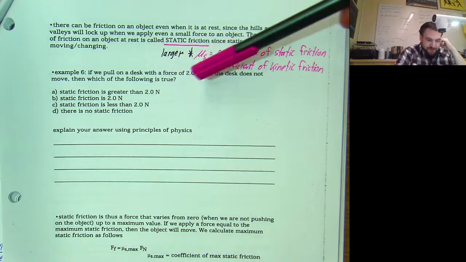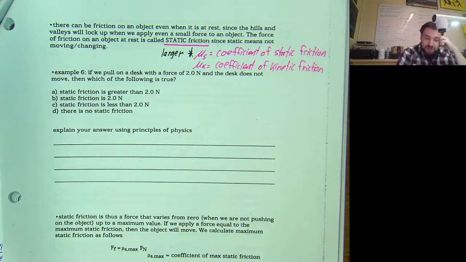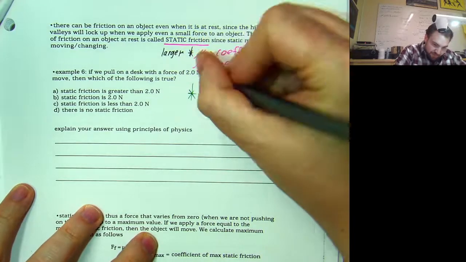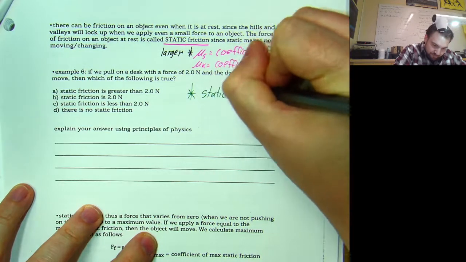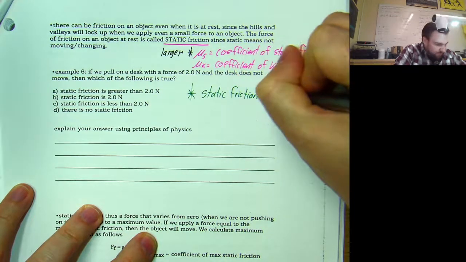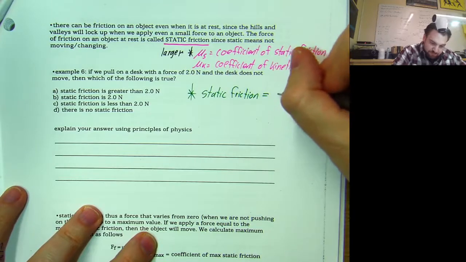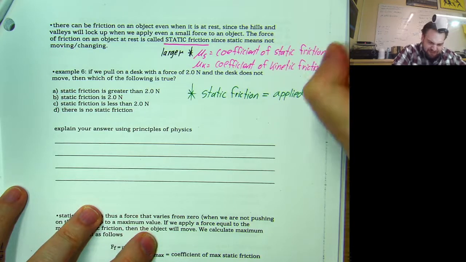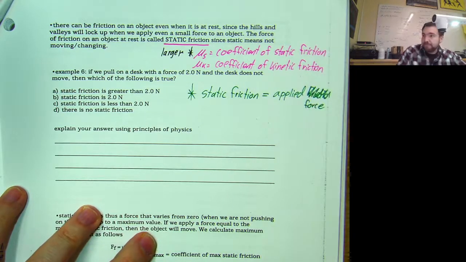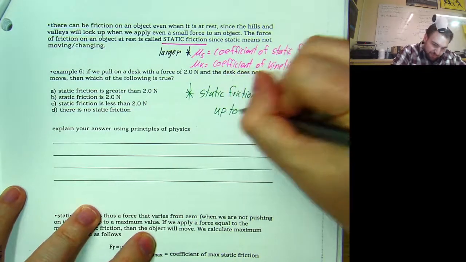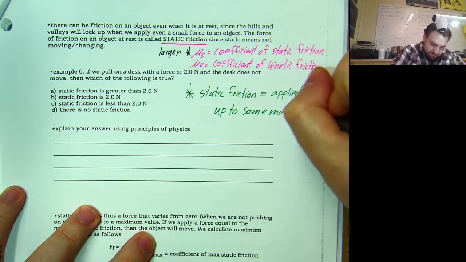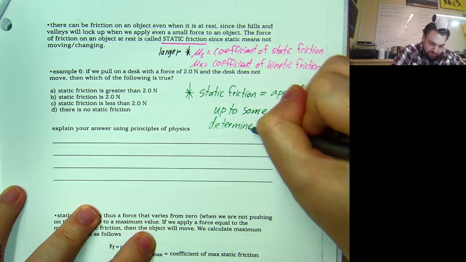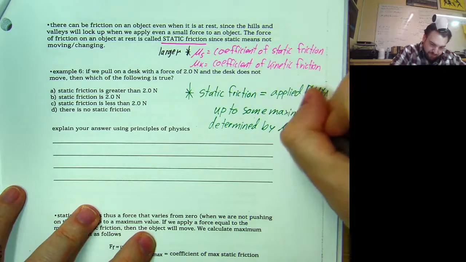So if you pull a desk with a force of 2 newtons and the desk does not move, what's true? Well, it's important to recognize here that static friction equals applied force, up to some maximum determined by mu s.